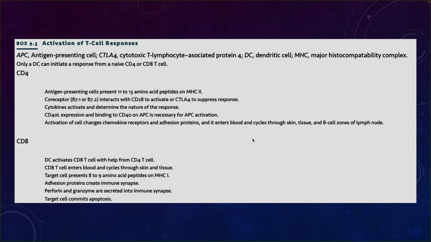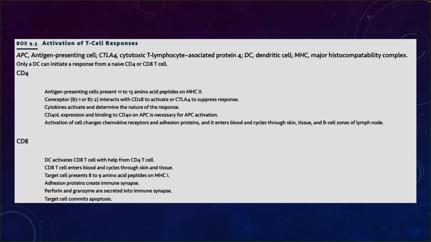There are two major groups of T cells that people talk about. They're called CD4 positive and CD8 positive. Sometimes people call them helper T cells and cytotoxic T cells. They each have different but very important functions. So with our CD4 positive T cells, or our helper T cells, they are presented antigen through MHC class 2.